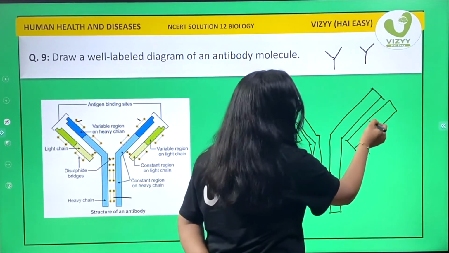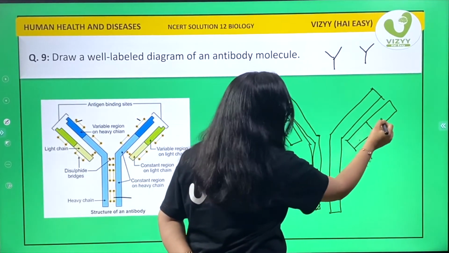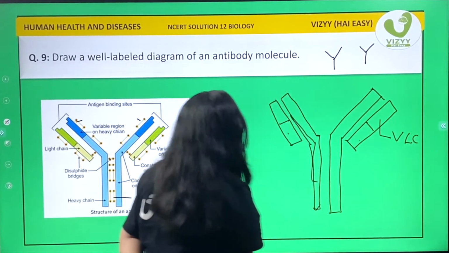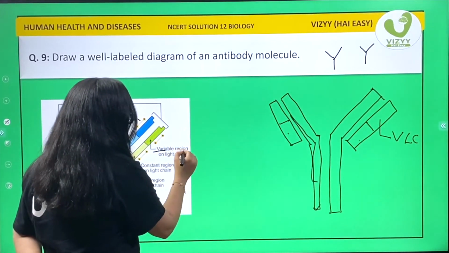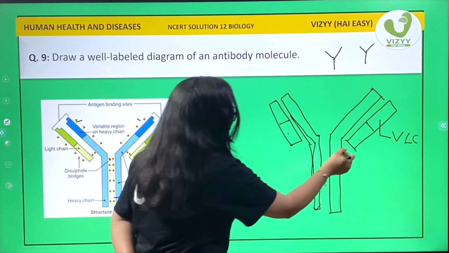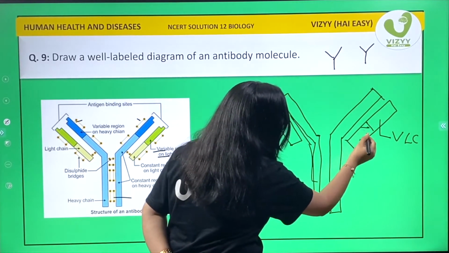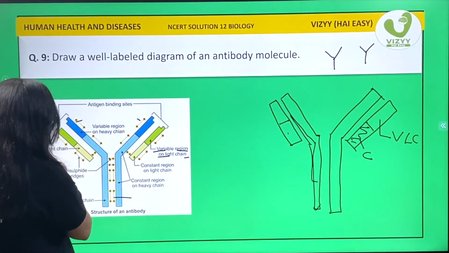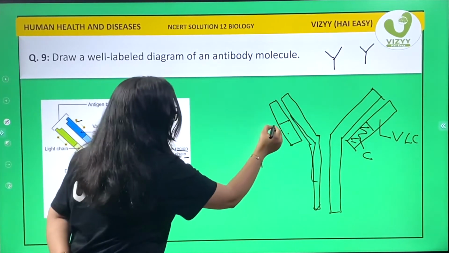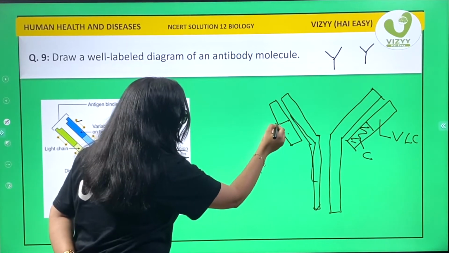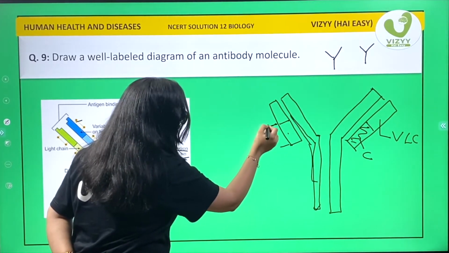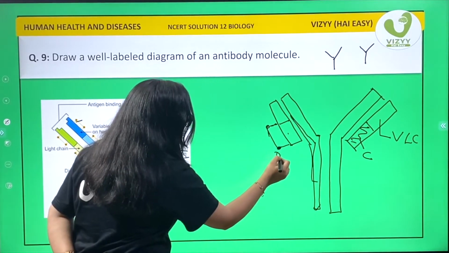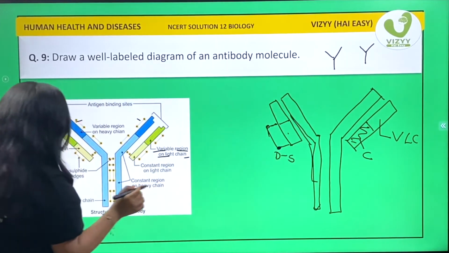Now this region is known as variable of light chain. Variable region on light chain, and this region is always constant. Same goes over here. There are disulfide bridges.